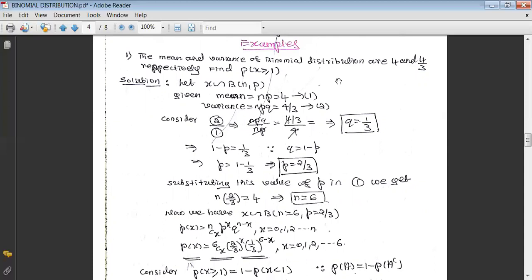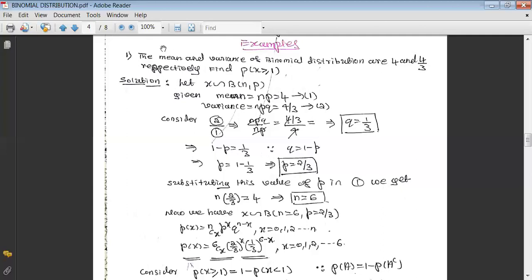That's why we know that the two constants, namely n and p, are the parameters. Therefore, first, using the given information, we have to find n and p. So let x follow a binomial distribution with parameters n and p. And our intention is to find n and p using the given information.